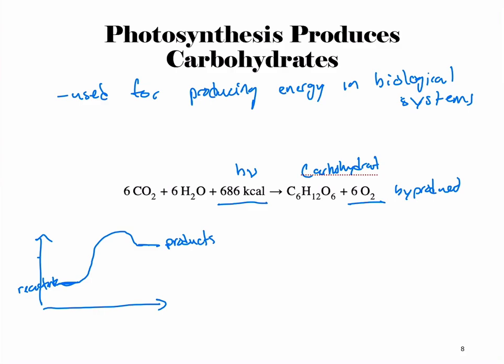They have to take in energy from the sun to synthesize these carbohydrates, and then they can later be used in some sort of metabolic pathway for metabolism to start.